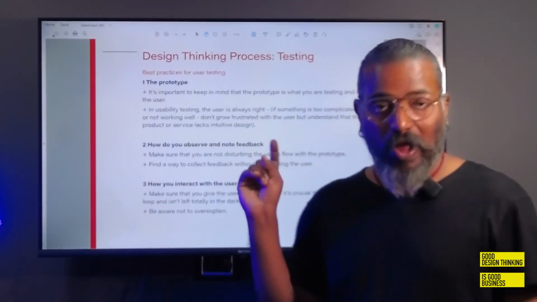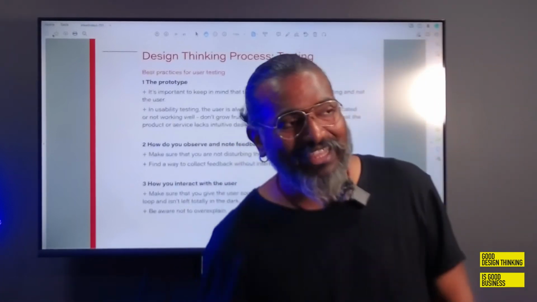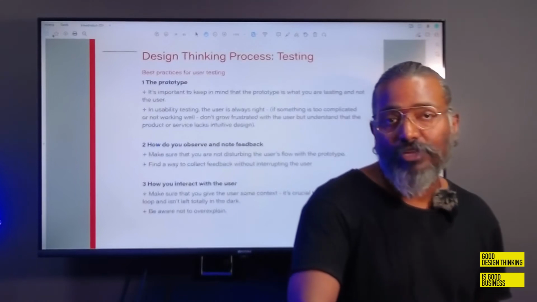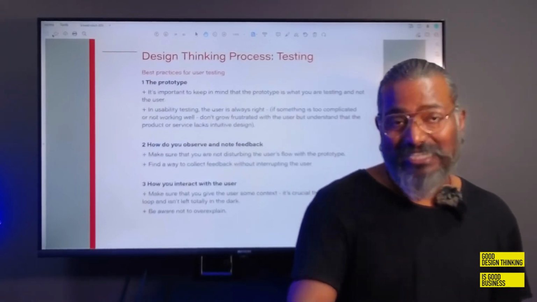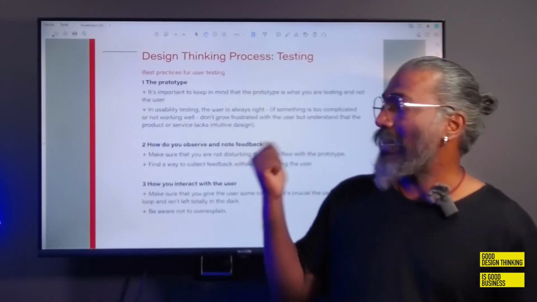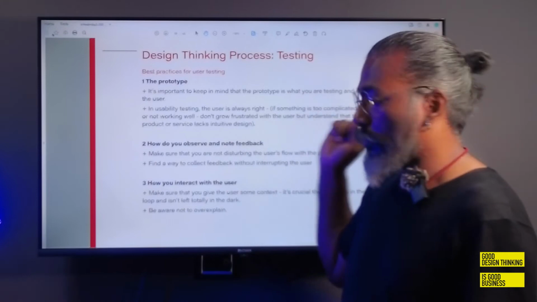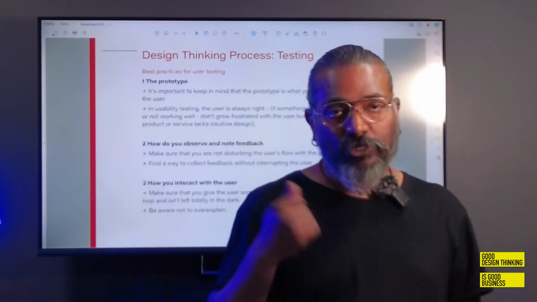No, you can't do that. Rather, you should think that if the consumers are finding it difficult, that means my particular product lacks intuitive design.